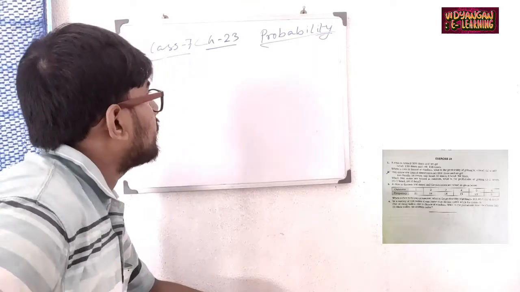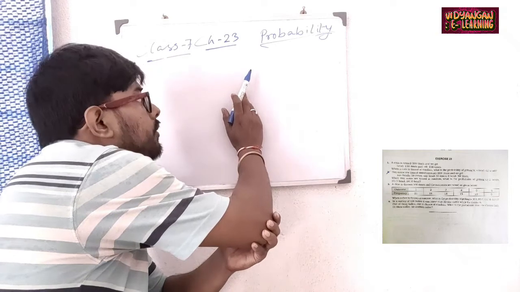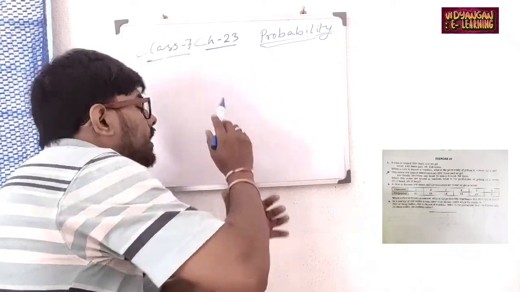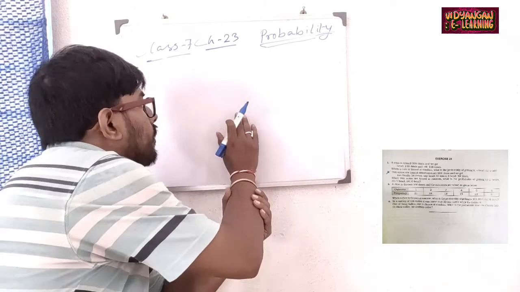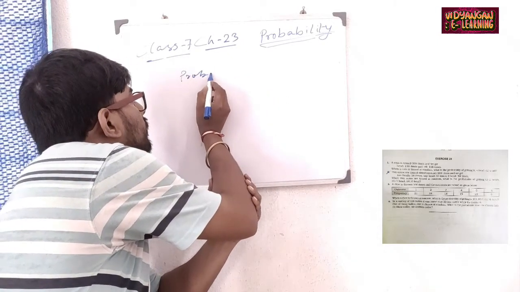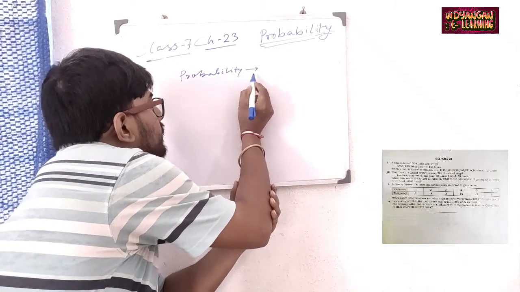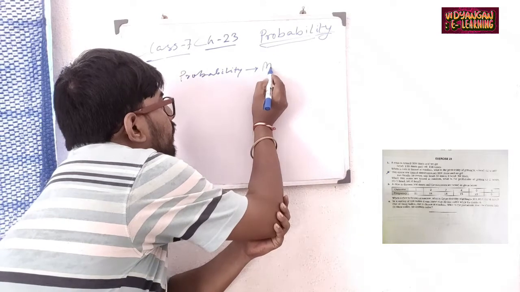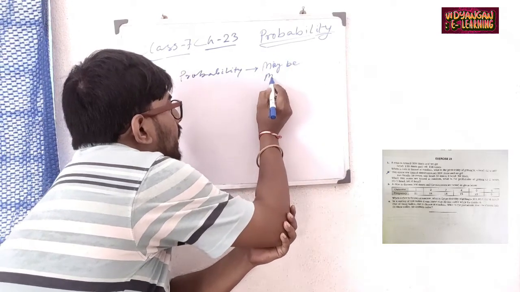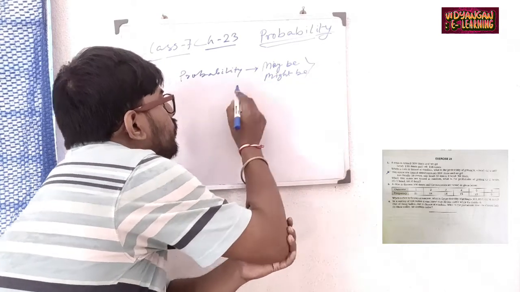Student of CBSE class 7, I will teach you today the chapter named Probability. What is probability? Probability is the term which means maybe or might be. That is, no confirmation.